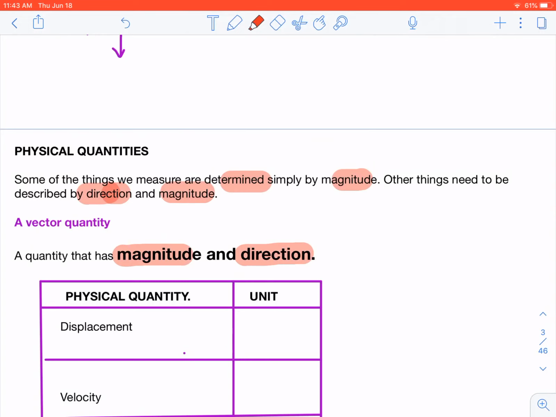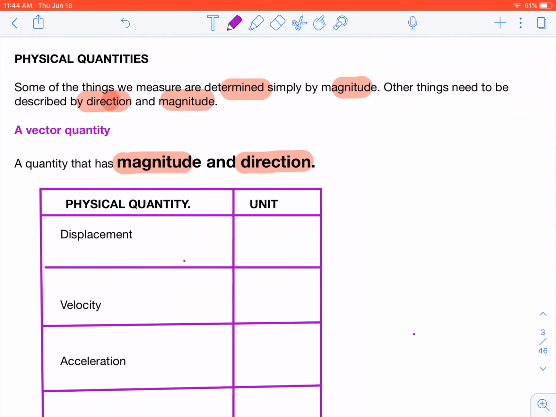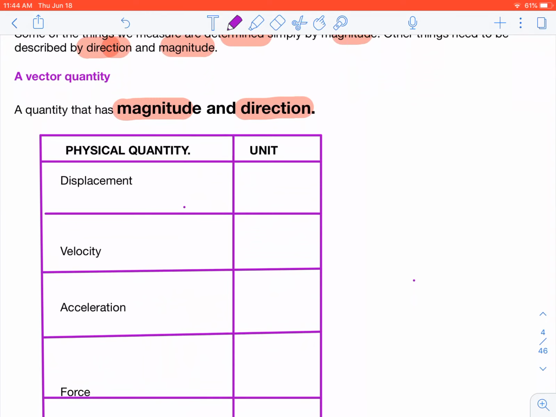Now there are several vector quantities here which I will draw your attention to, and take note because we will be using these quantities as we progress and in subsequent lessons. So the physical quantity displacement, what's its unit? Its unit is meter or kilometer, or centimeter. So that's the displacement.